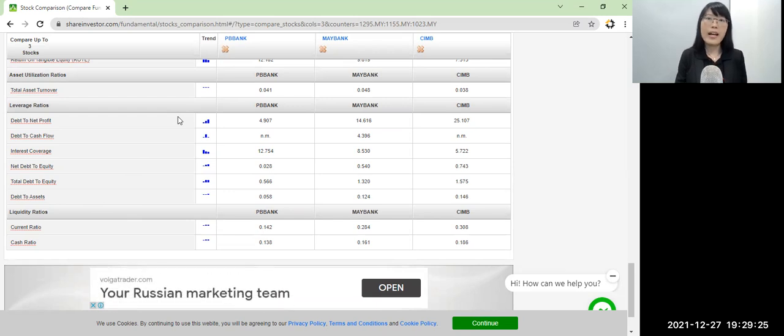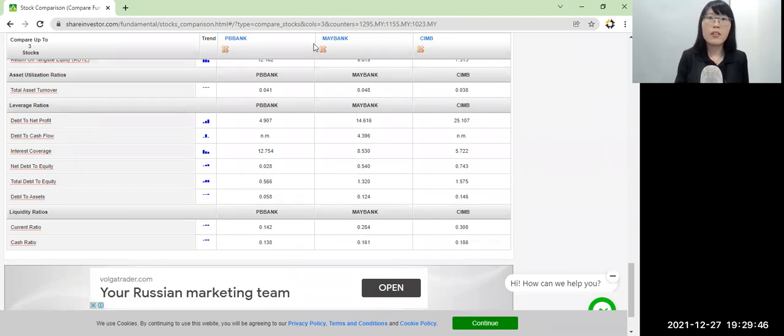So you can know who has the highest debt ratio, who has the lowest PE ratio, which bank gives you the highest ROE, and so on, okay. This information you can find in ShareInvestor WebPro and also ShareInvestor Station to do the comparison.